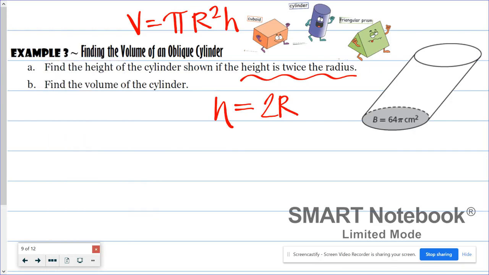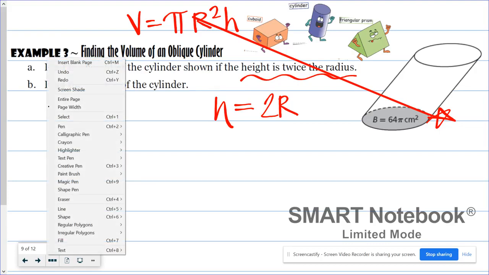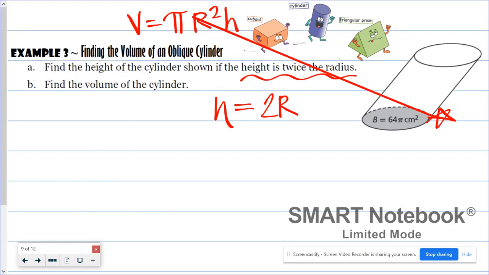Excellent question. What do we know? Well, they are telling us that the area of the base is equal to 64 pi centimeters squared. The area of the base is what is represented by pi r squared in our volume formula. So that means I know that 64 pi is equal to pi r squared.